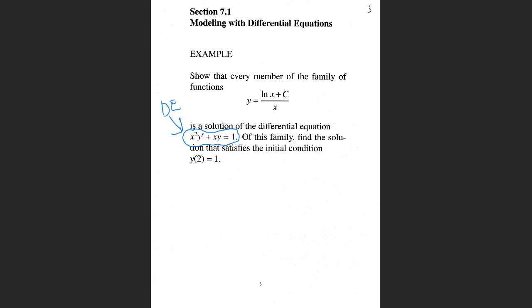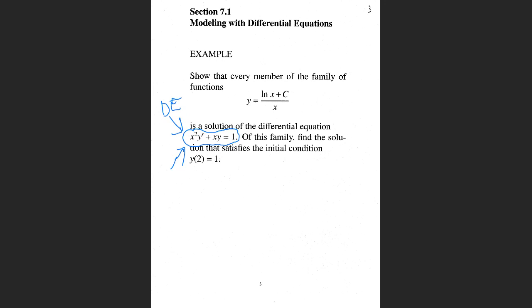DE stands for differential equation. Why is that a differential equation? It's an equation, but they're calling this equation a differential equation. That's right, Renaud, the y prime. Very good. The equation has a derivative in it.